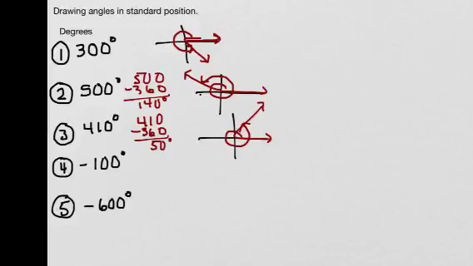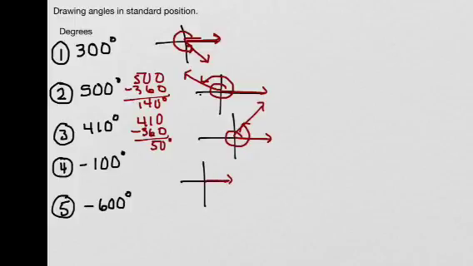Negative 100 degrees for number 4. Well, for this one, okay, so there's your x and y. Negative just tells you that you're going clockwise. You're going in the negative direction, so you're going clockwise. So again, here's the initial side, which is 0.